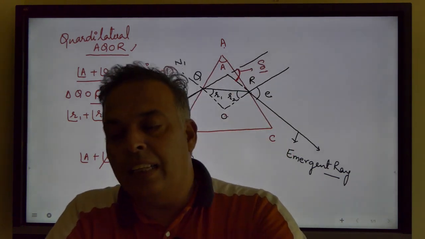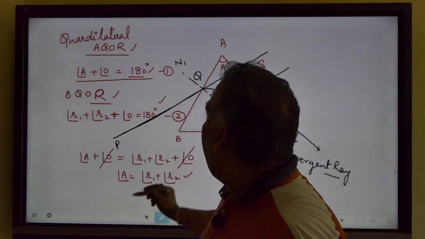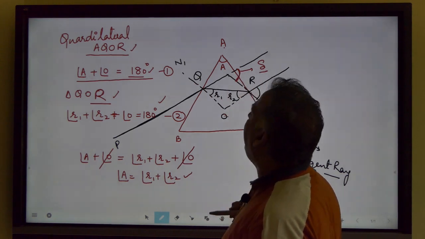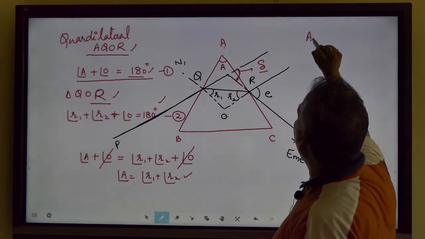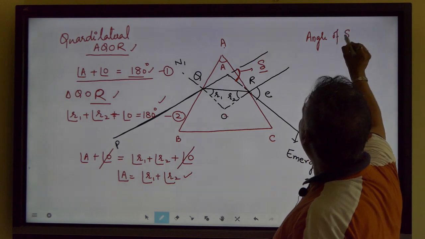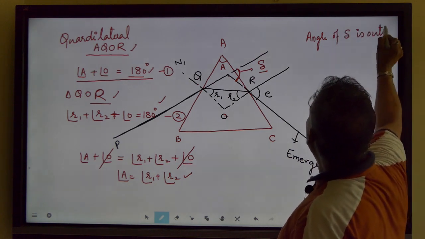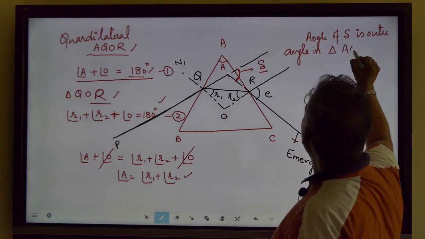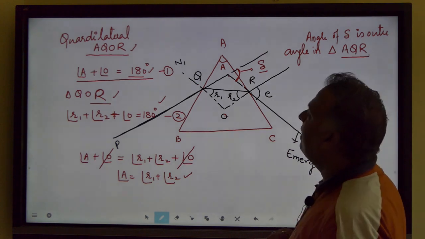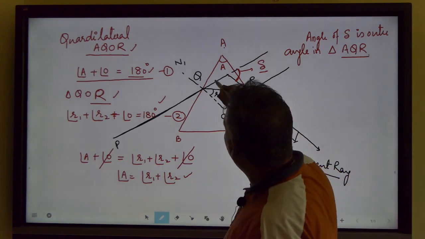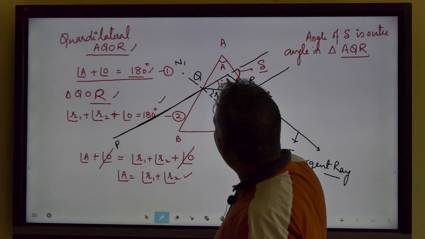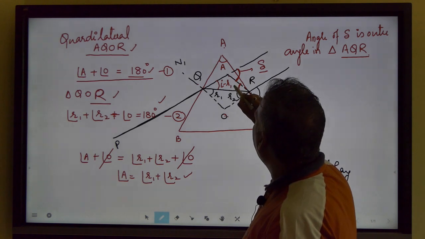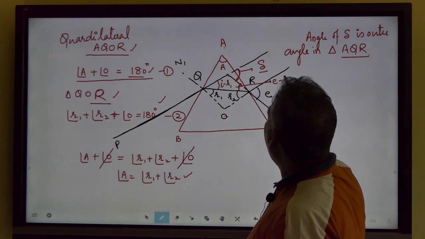And another is, this angle of deviation is an outer angle in triangle AQR. This angle becomes I minus R1 and this becomes E minus R2.